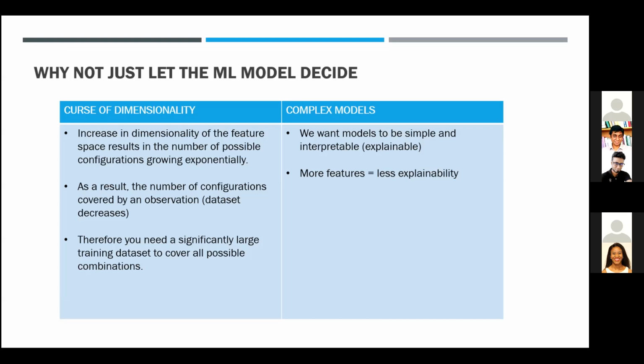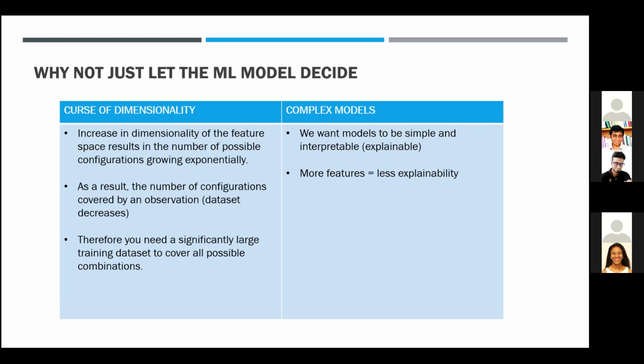The number of configurations that need to be covered by observation means you need a much larger data set to cover all these combinations. And there's this exponential relationship where even increasing by one feature can result in you increasing your data set by an order of 10, in my experience.